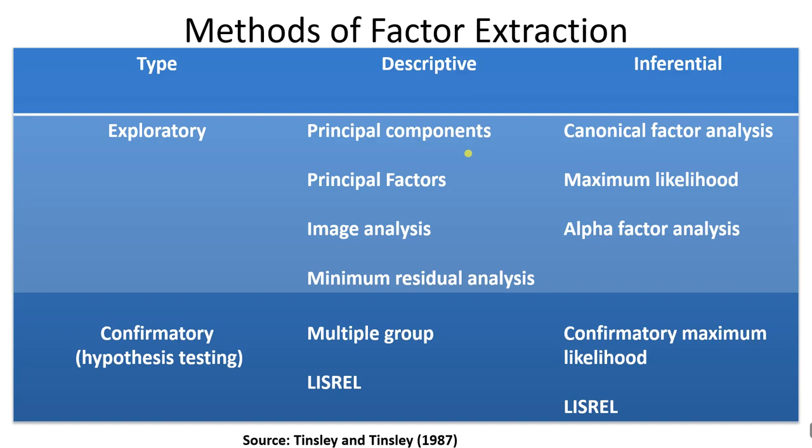If we keep the commonality estimate as 1, then principal factor analysis will give the same result as principal component analysis. For principal axis factor analysis, generally the squared multiple correlation is taken as the initial commonality estimate, and then the factor analysis is done.